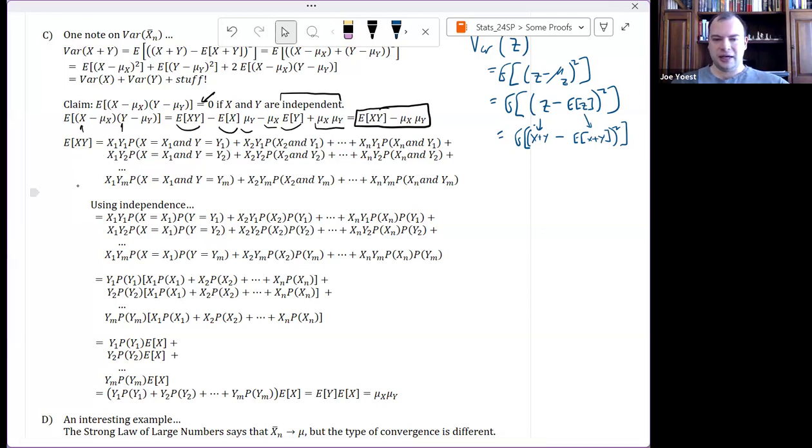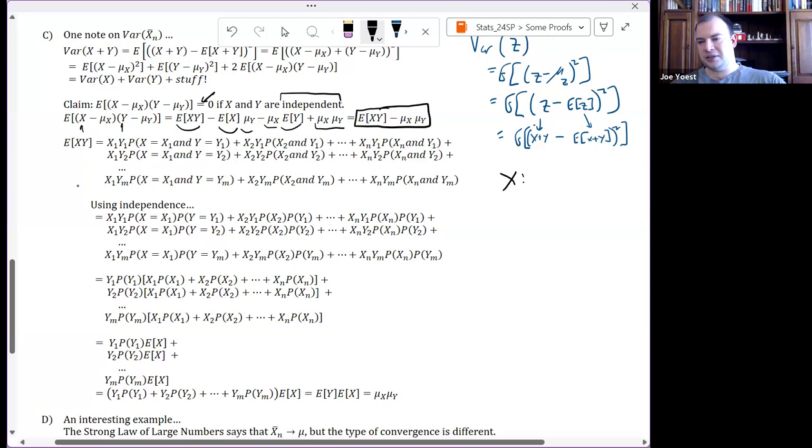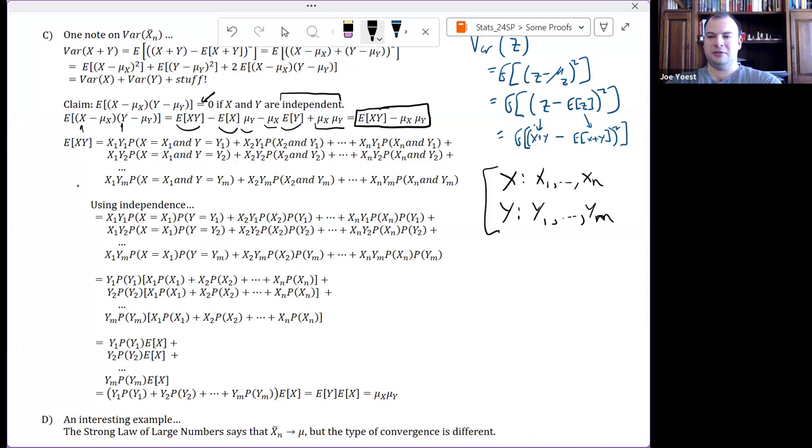The random variable x has a sample space x1 through xn, and the random variable y has a sample space y1 through ym.